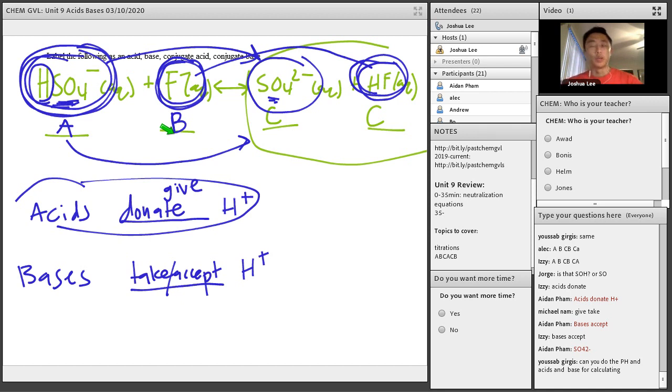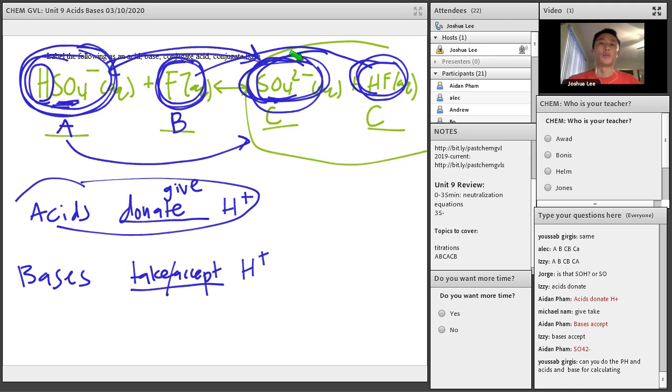Now this is where students find trouble, when you have to go backwards. You do the same exact thing, but now you're starting with your product. So I'm starting with SO4 minus, and I eventually want to turn it into HSO4 minus.